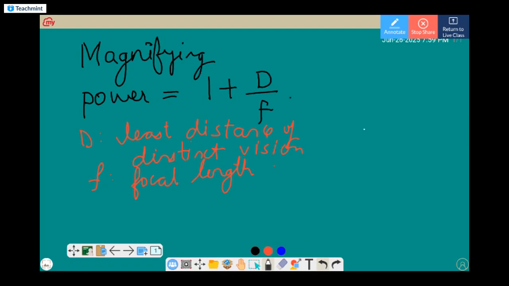But yes, to some extent you can increase. So you can just write the condition for increasing the magnifying power. I'm just writing P. You can reduce the focal length. Shorter the focal length, more will be the magnifying power.